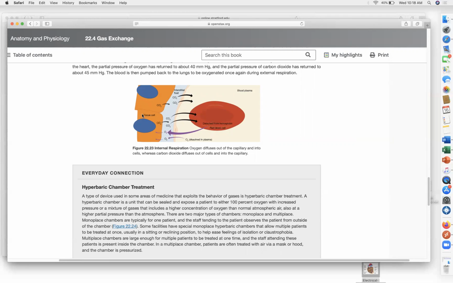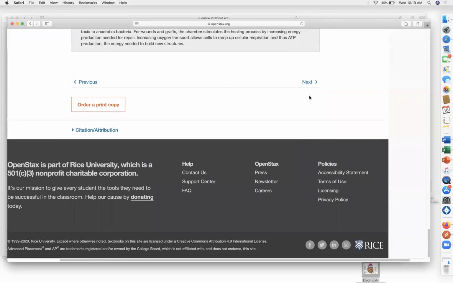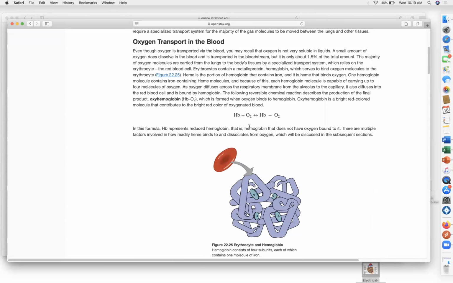So then the oxygen will go from an area of high concentration, our lungs, into the capillaries to an area of low concentration. And that's pretty much how you actually breathe. It's gas exchange, also known as respiration, from areas of high concentration to areas of low concentration. And that's why we're breathing. Once you get rid of that carbon dioxide, then what? The oxygen comes in.